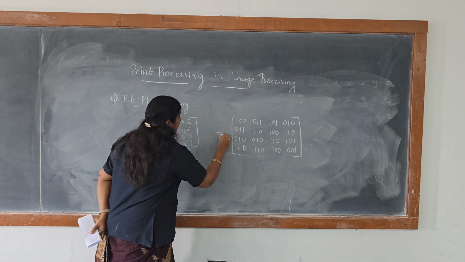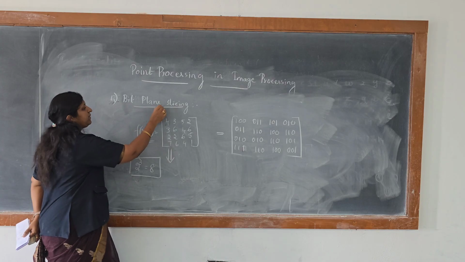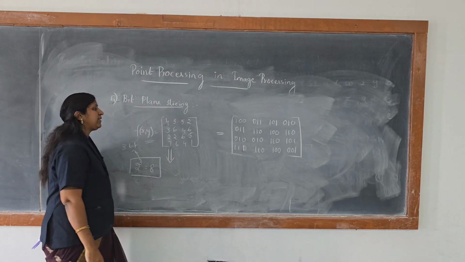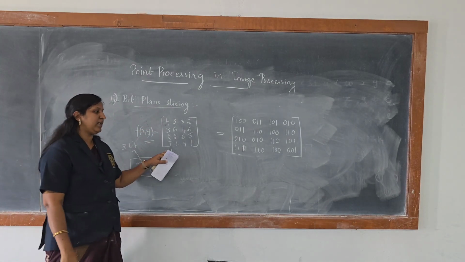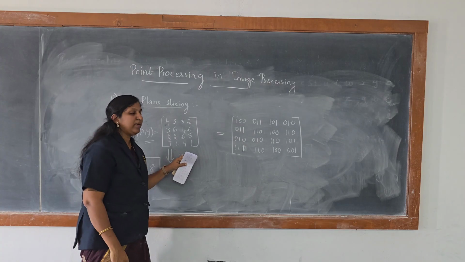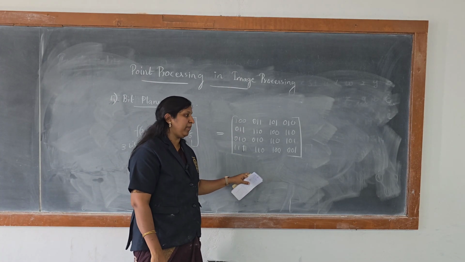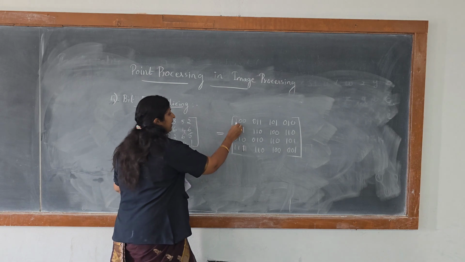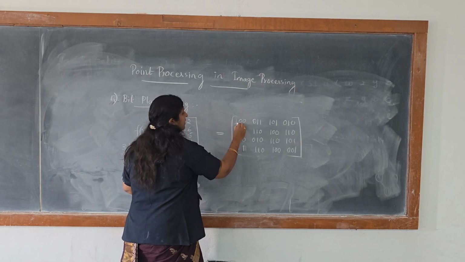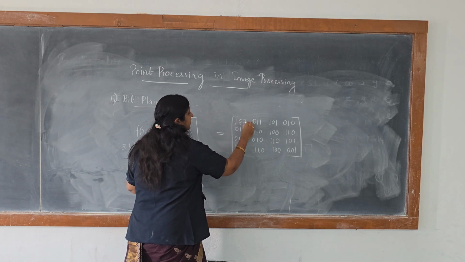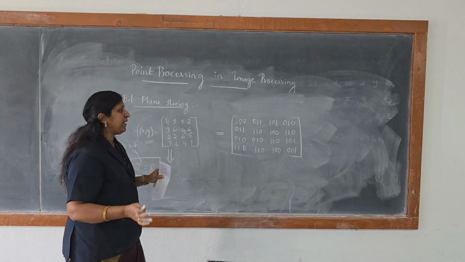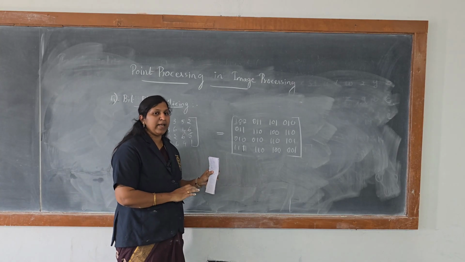I already told you that in bit plane slicing, we are taking the digital image and converting it into a number of binary images. Here the most significant bit, center bit and least significant bit are separately considered as 3 different binary images.